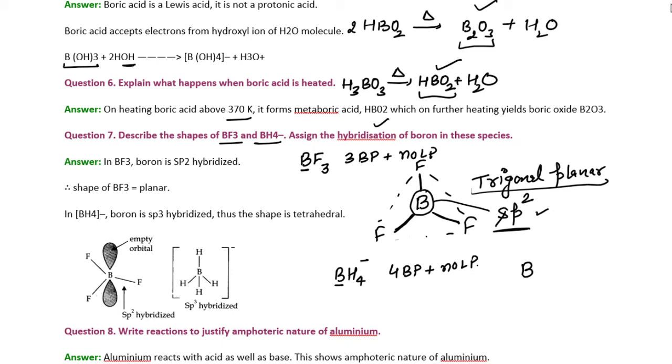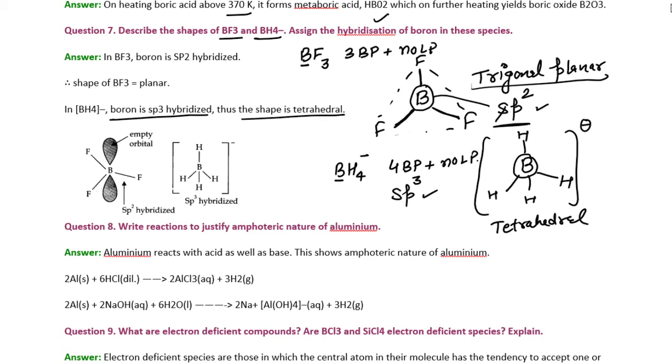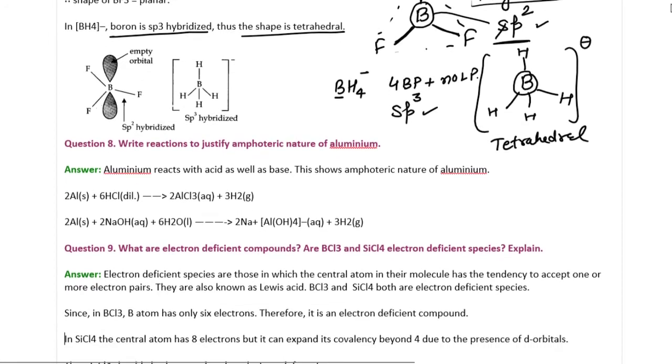All 4 bond pairs, no lone pair, means regular geometry, so it has tetrahedral geometry. And as 4 bonds are formed, the hybridization is sp3. So boron is sp3 hybridized and the shape is tetrahedral. Done.